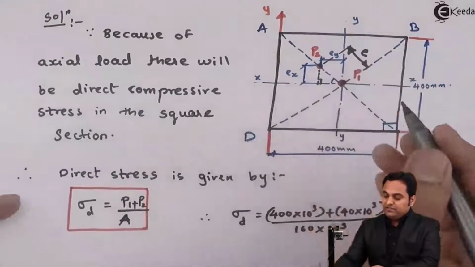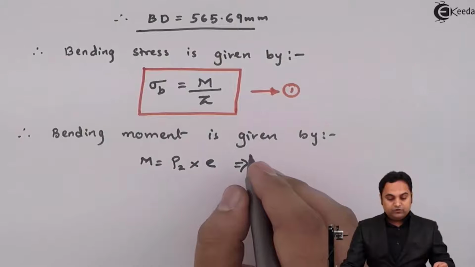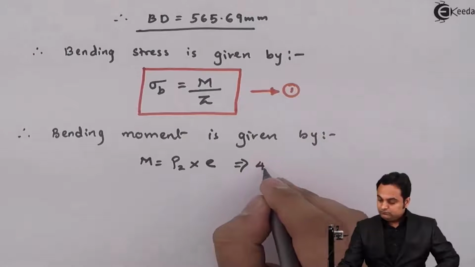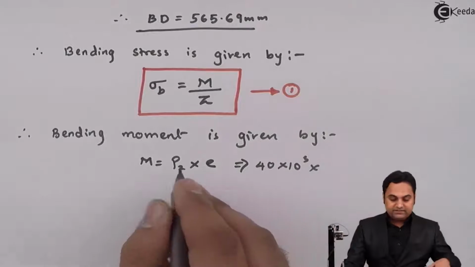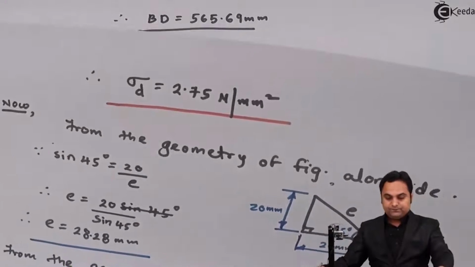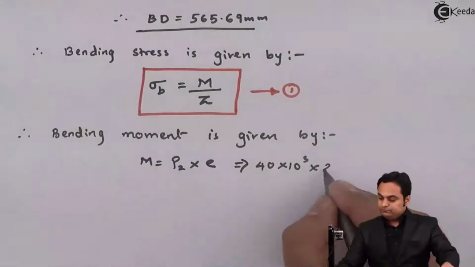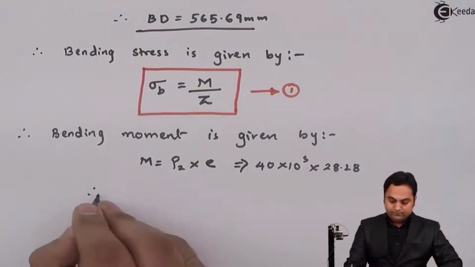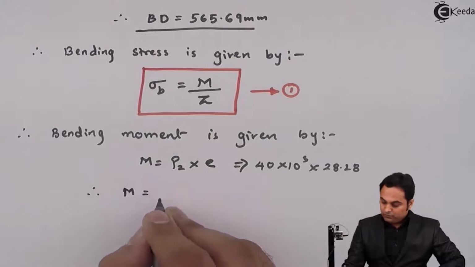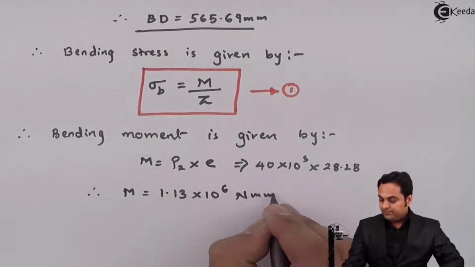We have found out this is E, so P2 into E. Now P2 value, that was 40 into 10 raised to 3, into this eccentricity we have calculated just now. Its value is 28.28 mm. So bending moment comes out to be 1.13 into 10 raised to 6 Newton mm.